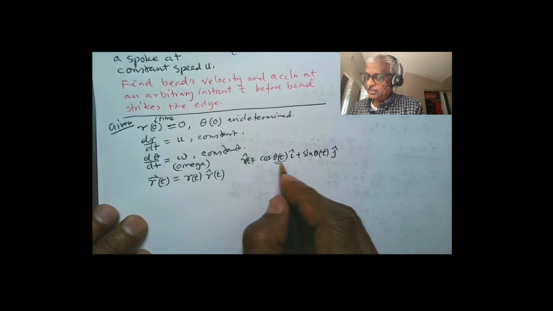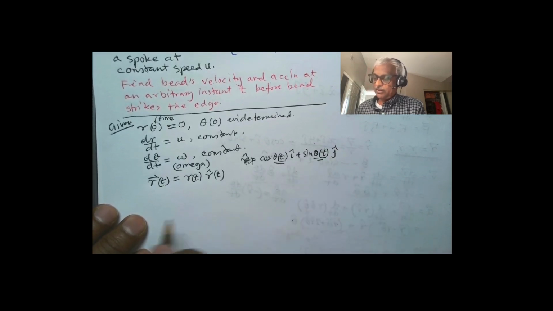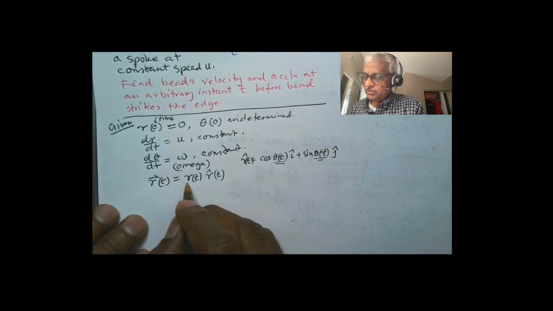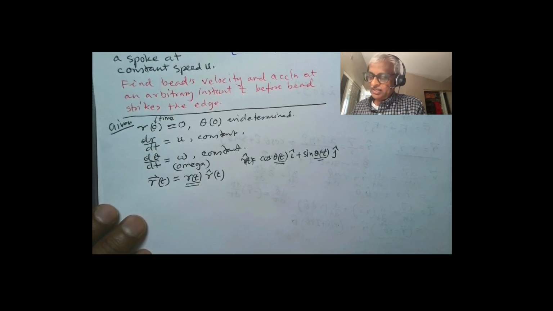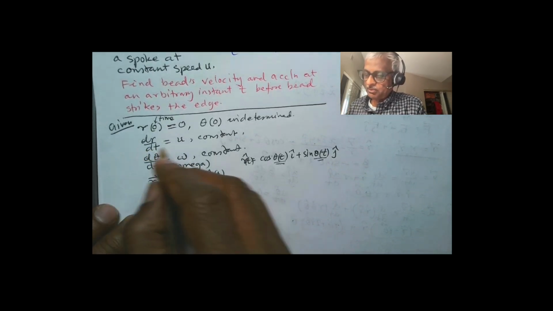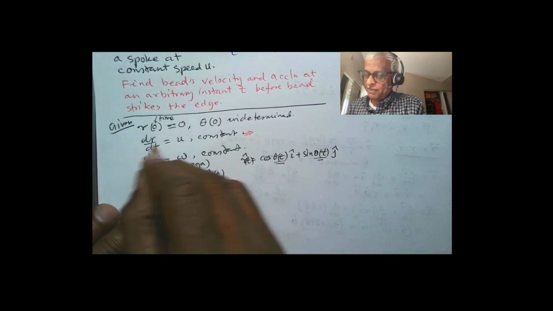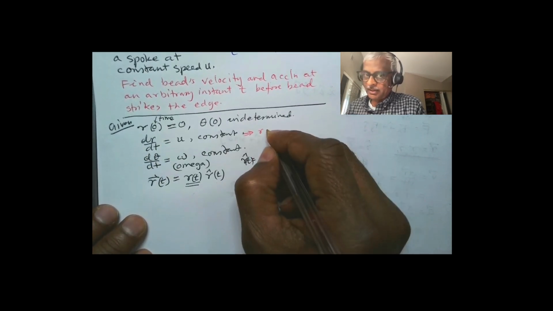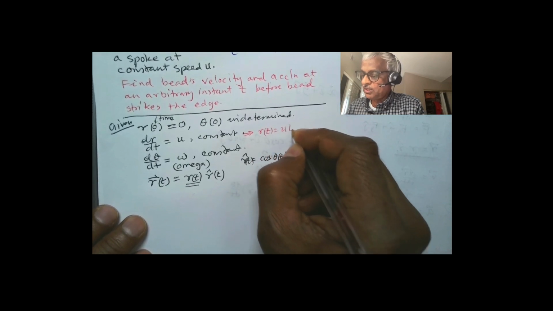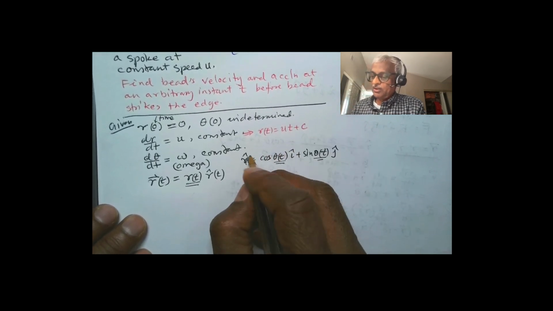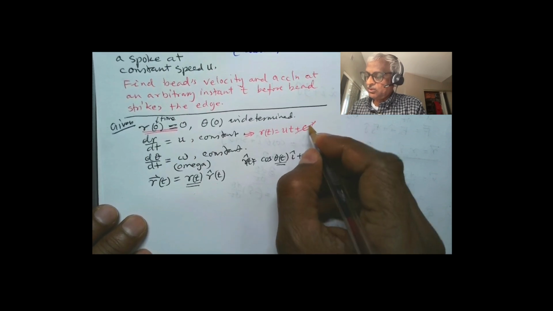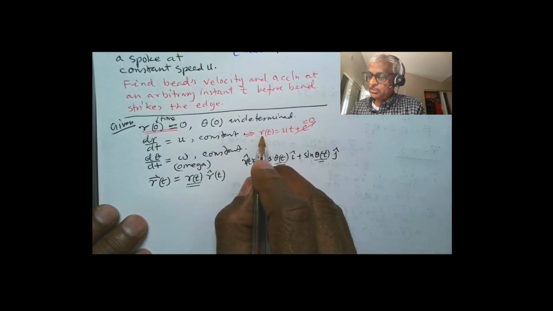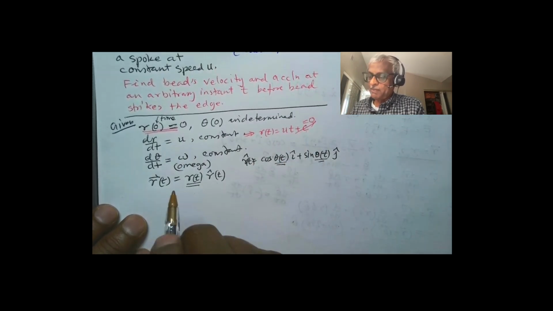If I know theta, I can know that, and then r I know from here. So clearly I can know both of these. From here I can know r of t equals ut plus some constant, but using this gives me c equal to 0.